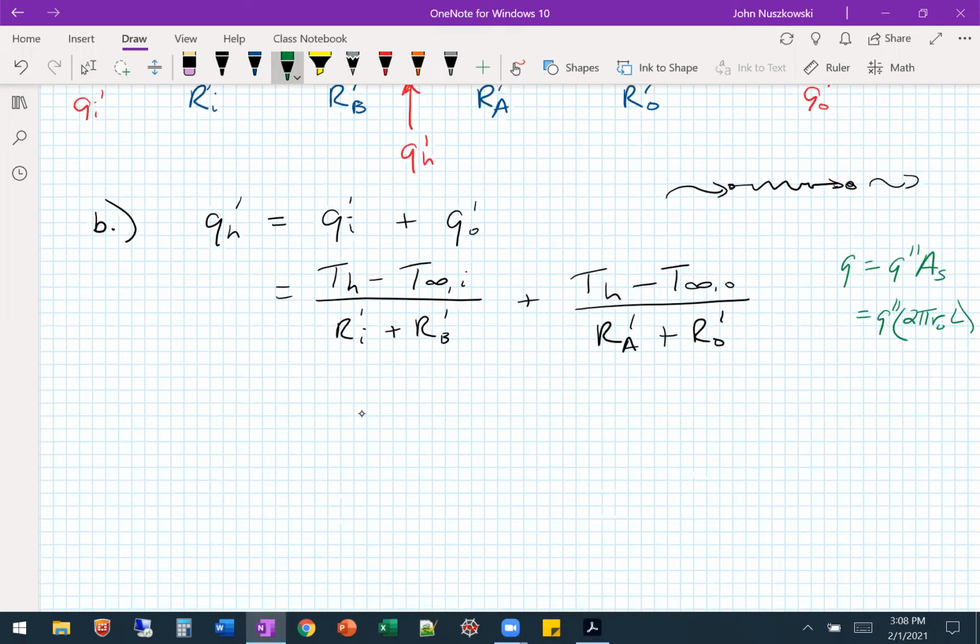But if you want Q over L, which is Q single prime, that's just your heat flux times 2 pi r outer.